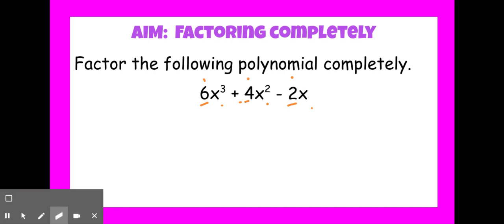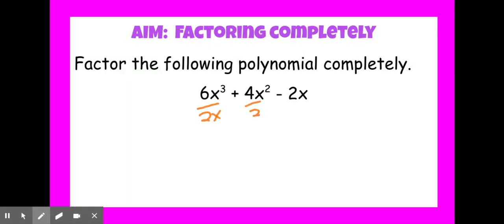So our GCF is going to be 2x. So I'm going to divide 2x out of each of our terms. And then I'm going to take that outside in front. And then I'm going to write the polynomial that's left inside, which would be 3x squared plus 2x. And then 2x divided by 2x with the minus sign is 1.